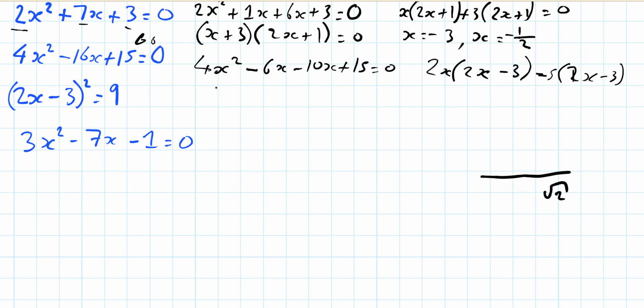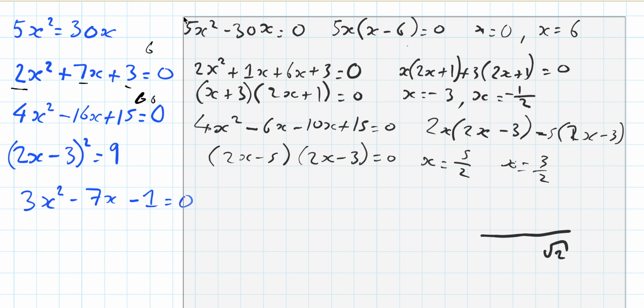So our two brackets become 2x minus 5 and 2x minus 3 equals 0. So x equals 5 over 2 and x equals 3 over 2. Okay, I'm going to create some space now while I answer the next two questions.